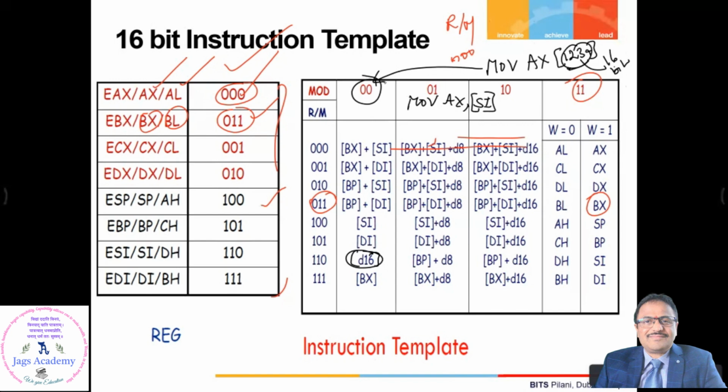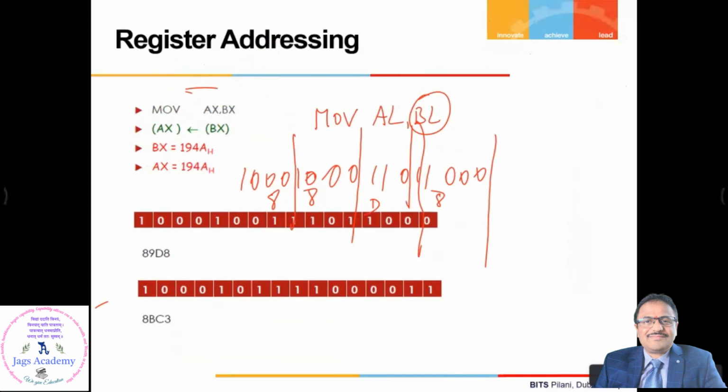What is R by M? R by M is 1, 1, 0. For the other one, your mode bit is 0, 0. What is R by M? 1, 0, 0. This is the way you select. Now, for our example, can you tell me what the mode bit is? 0, 0. What is R by M? 1, 1, 0.